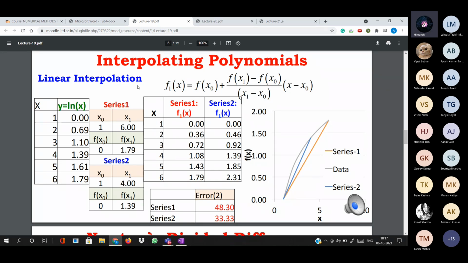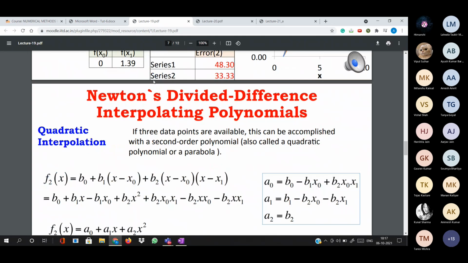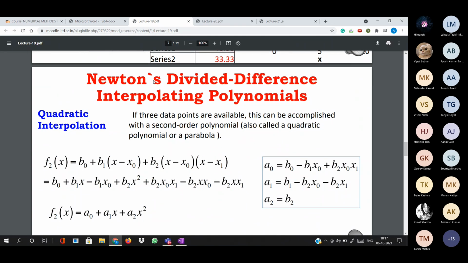So this is only linear interpolation. When we connect the dots by lines, that is linear interpolation. We connect every 2 points by a line. Now there can be quadratic, there can be cubic, and there can be a polynomial interpolation of any degree.